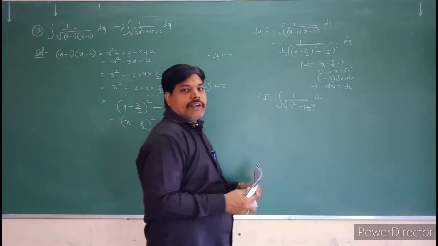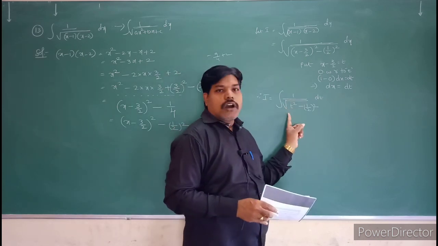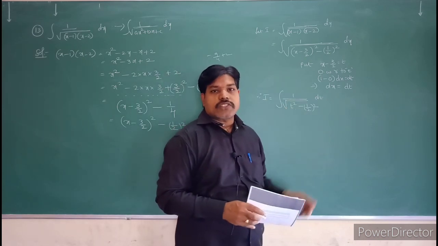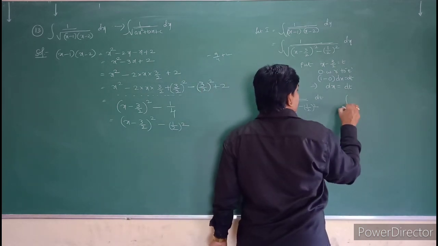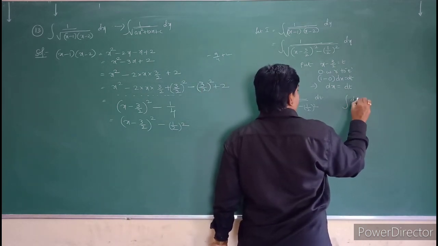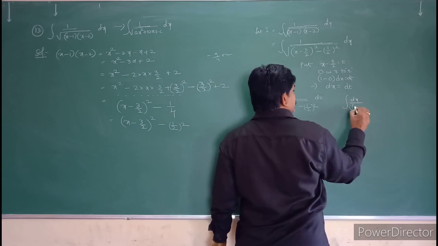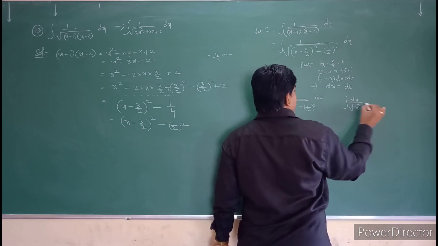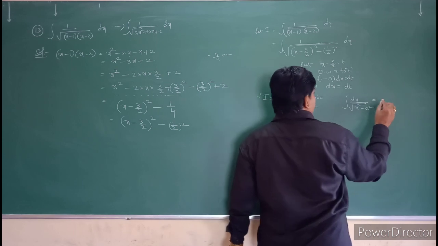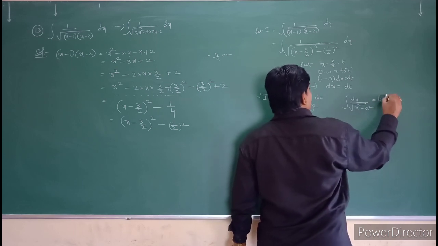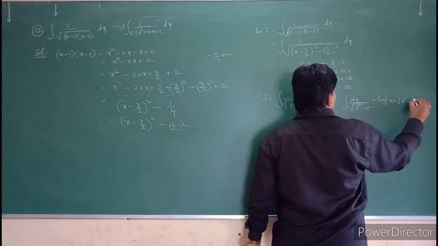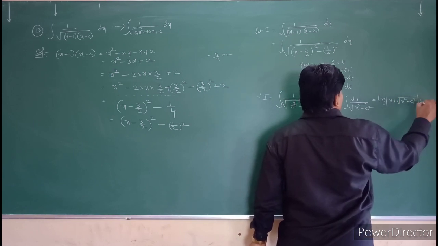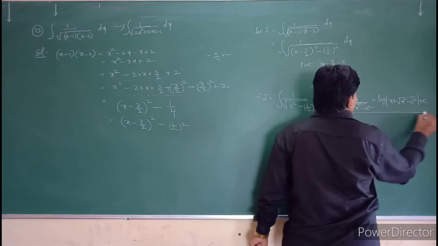So what is this form? This form is nothing but the integral of 1 by root of x square minus a square form. Yes or no? So what is the formula? The integral of dx by root of x square minus a square is log mod x plus root of x square minus a square plus c.